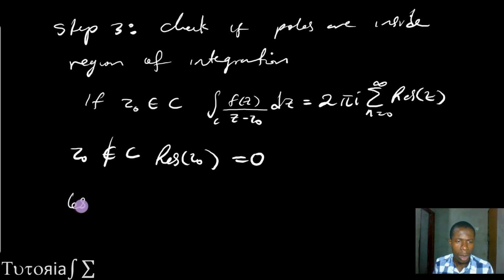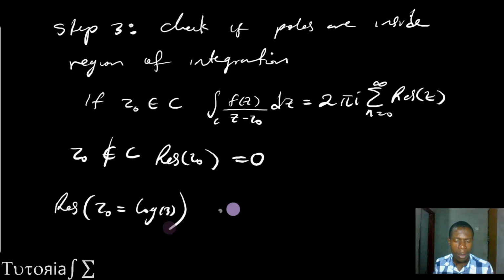The residue at z naught, which equals log of 2, is basically equal to the limit as z approaches z naught.